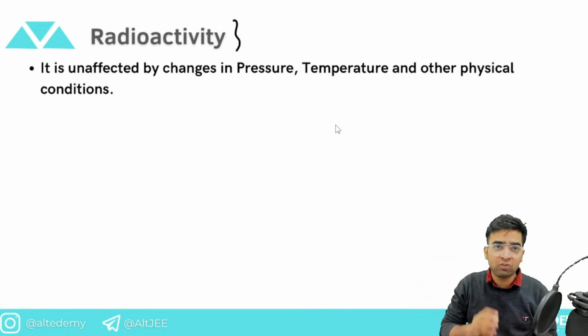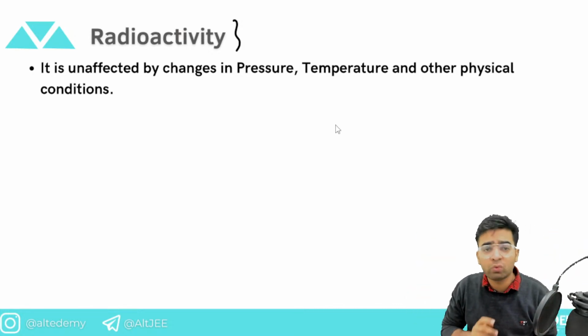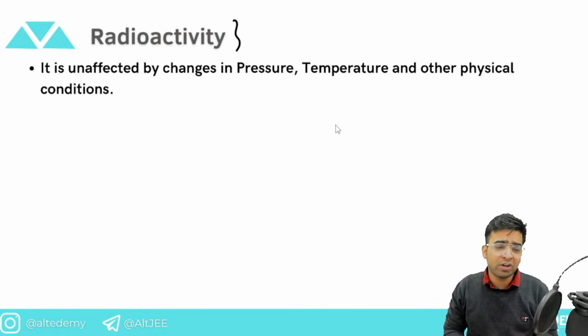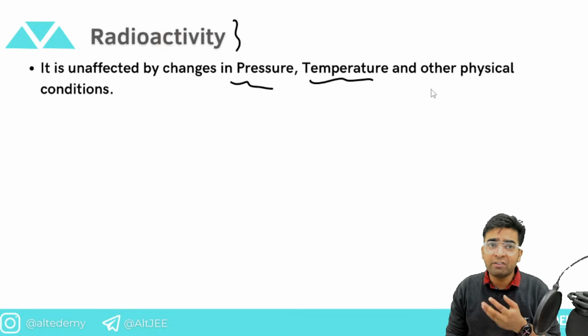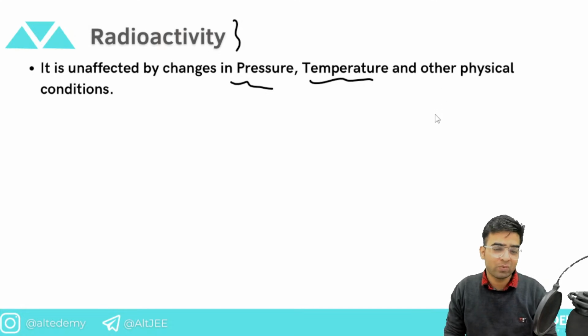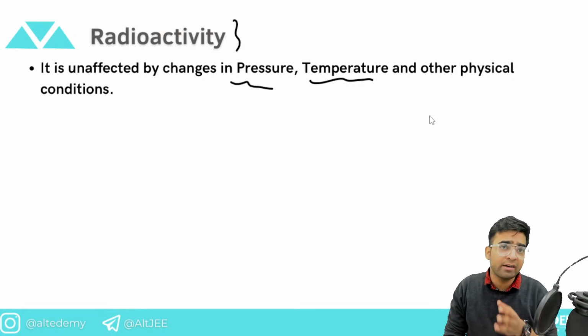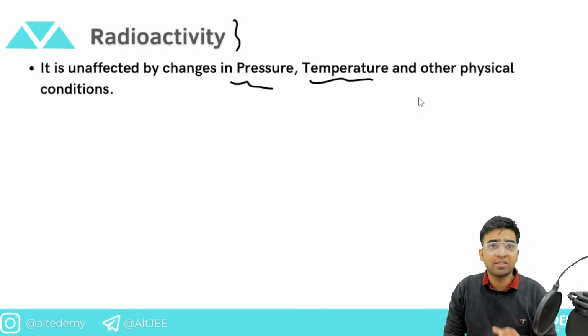The gravitational force between them is going to be equal. Similarly, whatever the pressure, temperature, or other physical conditions, radioactivity is going to remain unaffected. It doesn't get affected by the physical parameters.